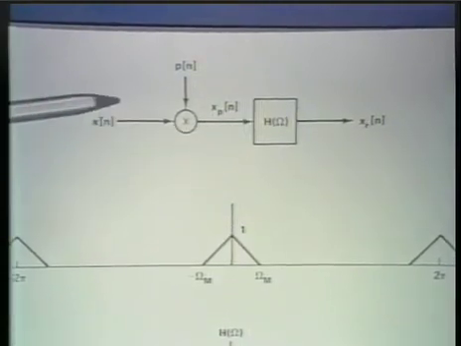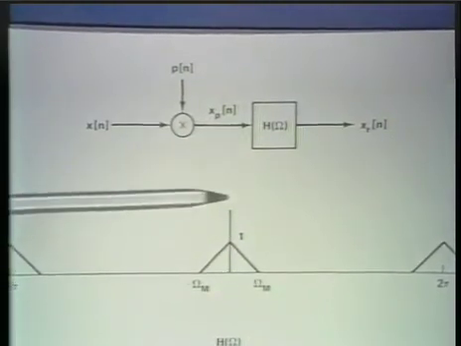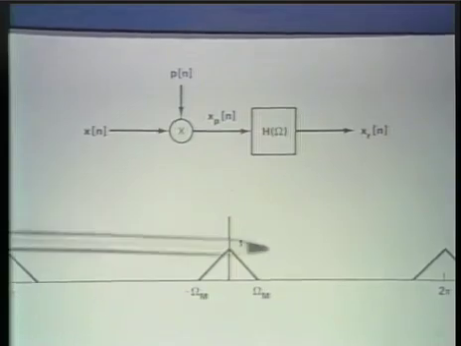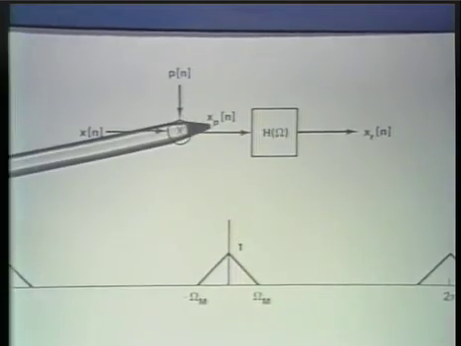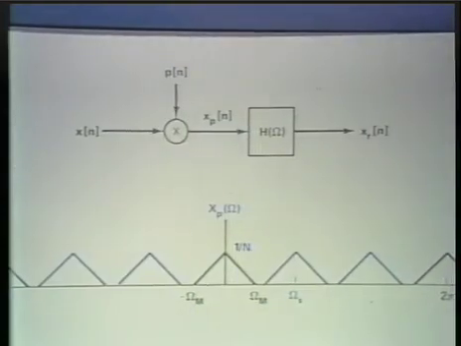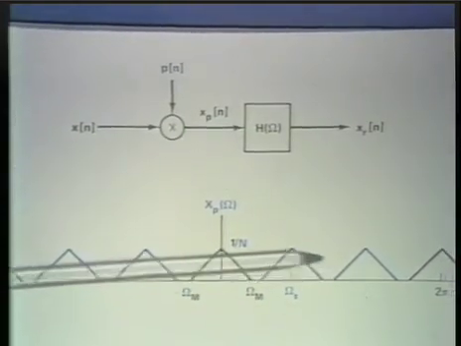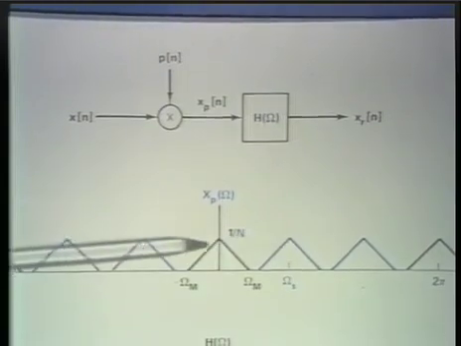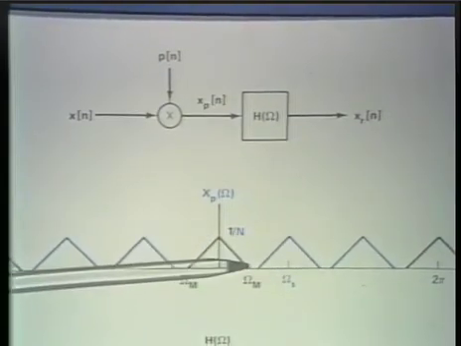The spectrum of the original signal x of n is what I show here. The spectrum of the sampled signal, where I'm drawing the picture on the assumption that the sampling period is 3, is now what's indicated, where the original spectrum is replicated.